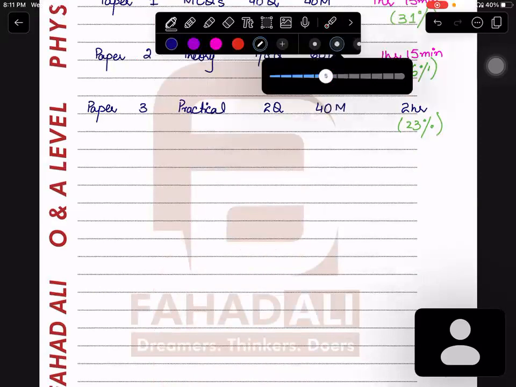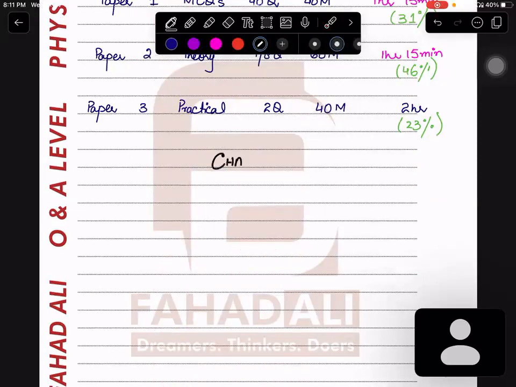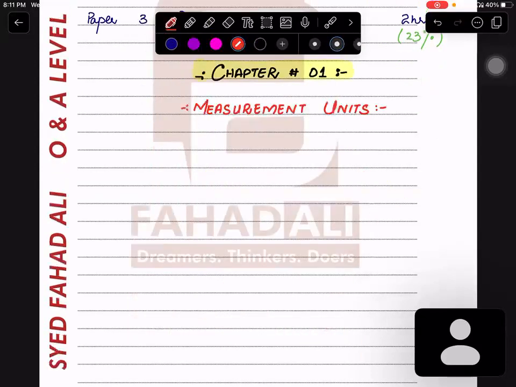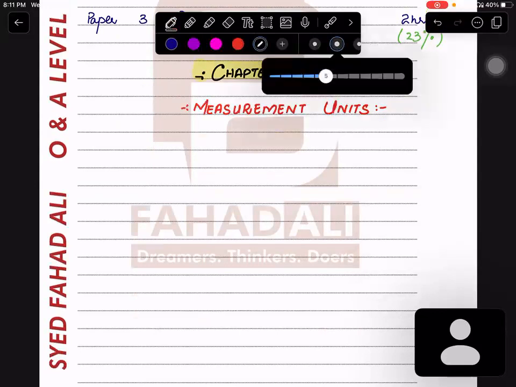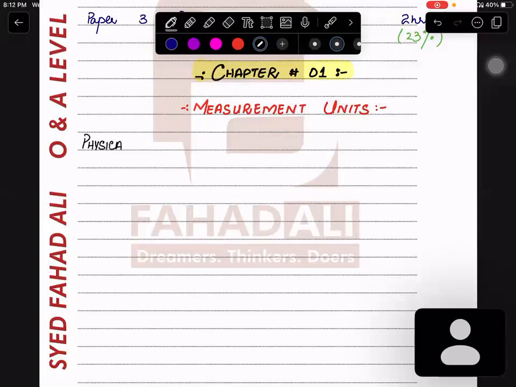Chapter number 1. And the chapter 1 is measurement and units. Now, if we talk about what is a physical quantity, can any one of you tell me what is a physical quantity?